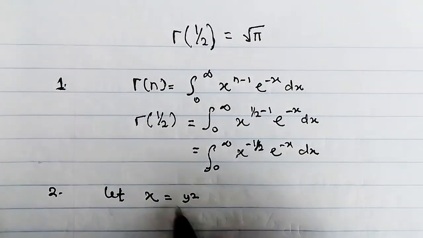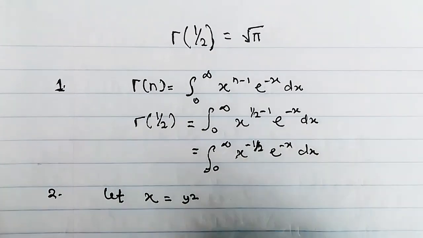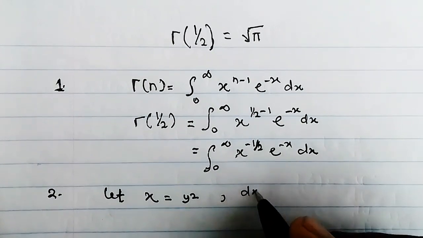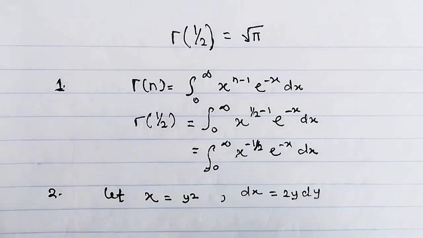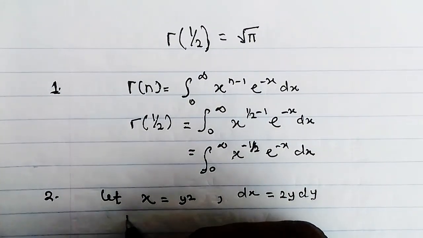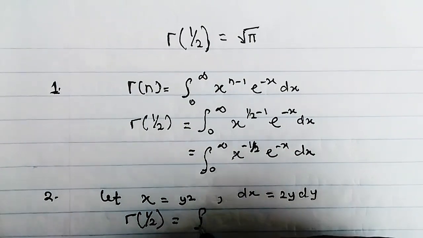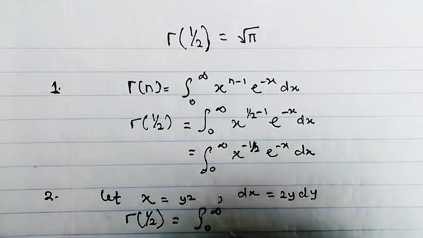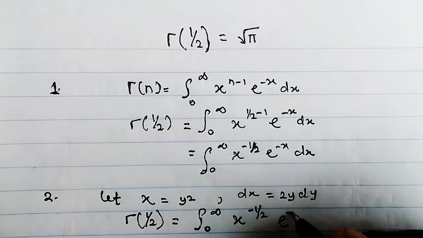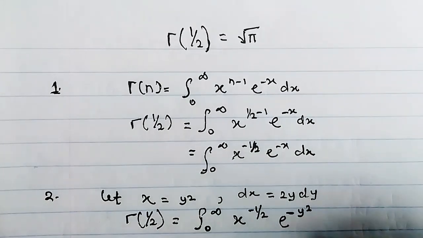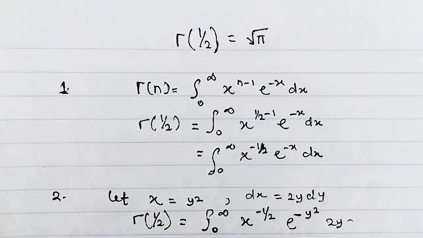So my step 2 goes like this. Let x be equal to y squared. So if x is equal to y squared, then dx is equal to 2y dy. Now let's substitute it. We have gamma function of half is equal to the integral from 0 to infinity of y raised to power minus 1, exponential minus y squared, then 2y dy.